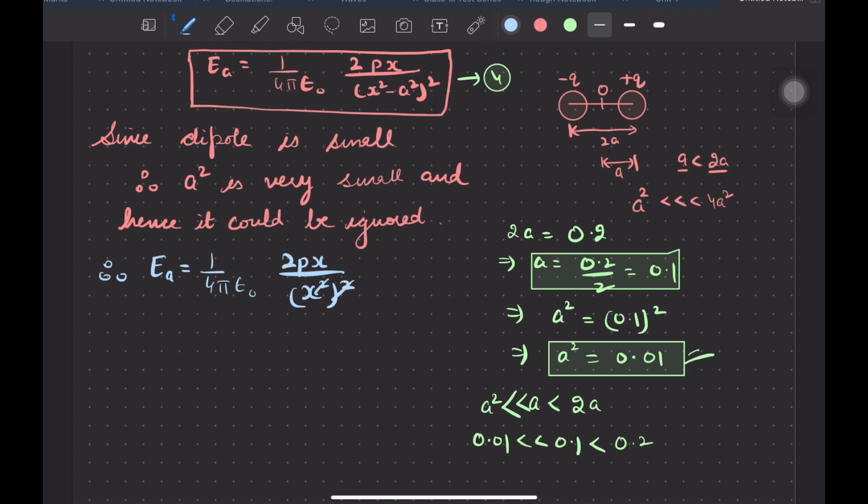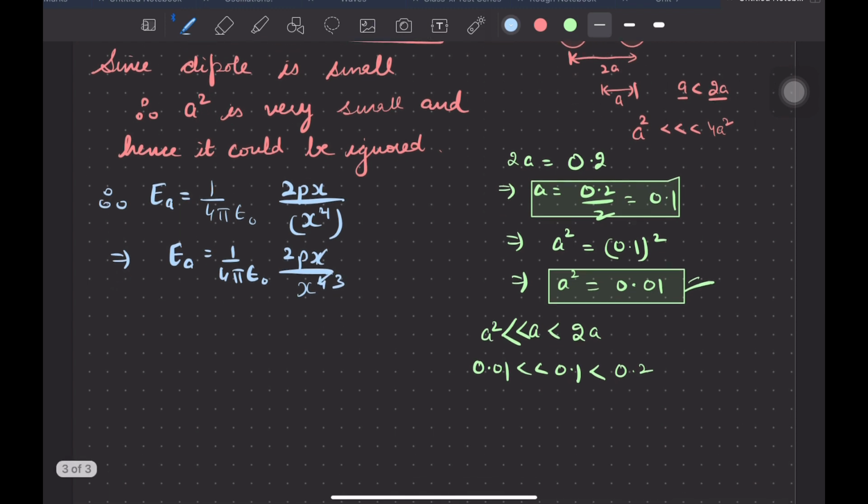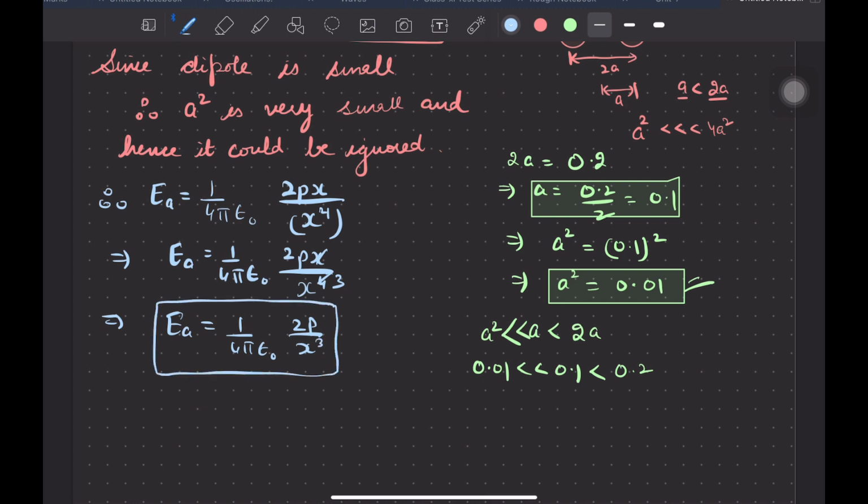Cancelling the square, sorry, you cannot cancel it out, I have put it in a wrong way. It is 2px upon x raised to power 4. So cancelling, we will be left with x cube. So EA is equal to 1 upon 4 pi epsilon naught, 2p upon x cube, which is the expression for the electric field intensity on the axial line of the dipole.